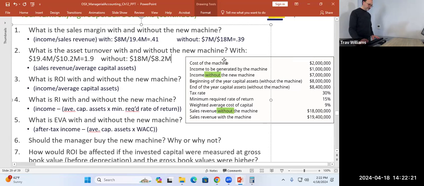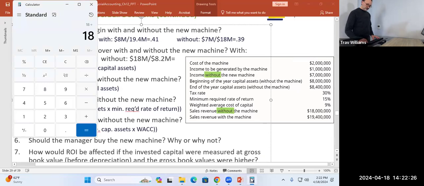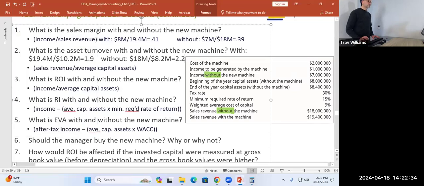Averages out to 8.2 million. 18 divided by 8.2, 2.2, which is better than 1.9, right? In a turnover ratio, you want a higher number. So far, we had a better sales margin with the machine, and we have a better asset turnover without, right? So far.